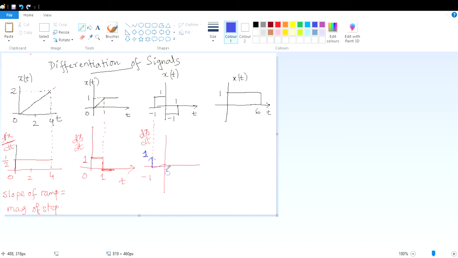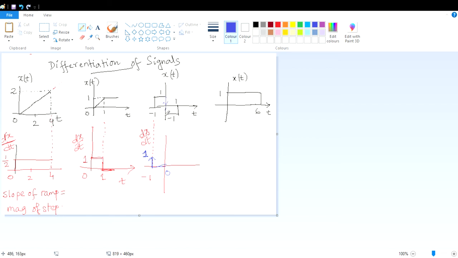Then it will become 0, and here what are we getting? Here there is a step change. Now what is the magnitude here? This value is 1 and this value is -1. So there is a 2, and the 2 is in the downward direction.